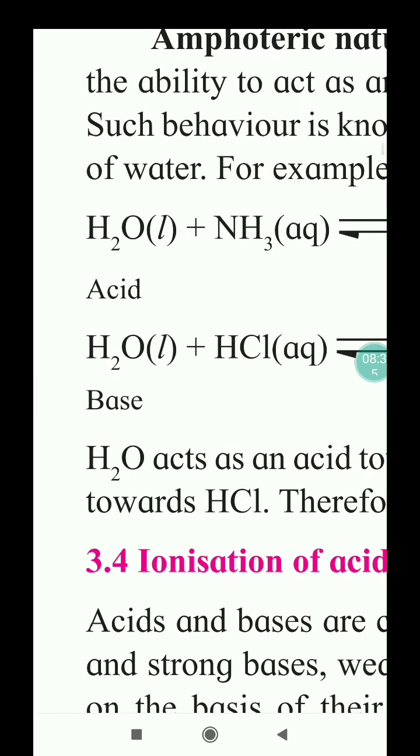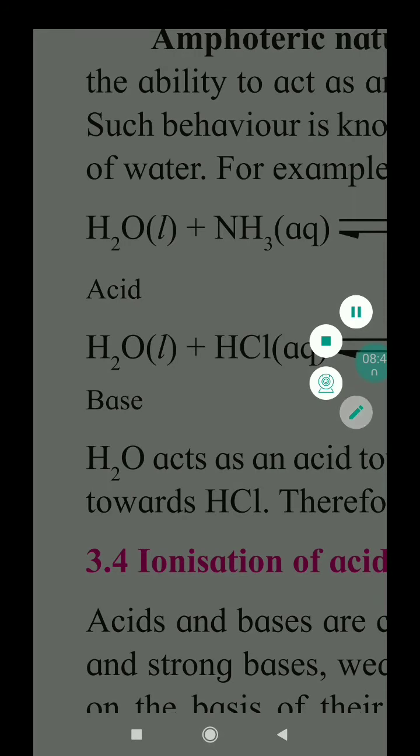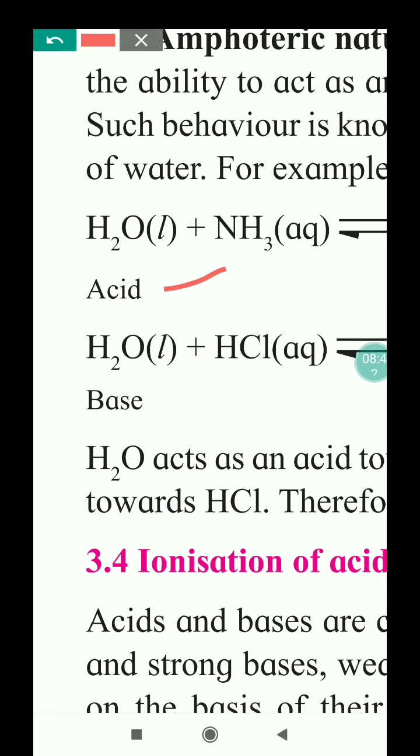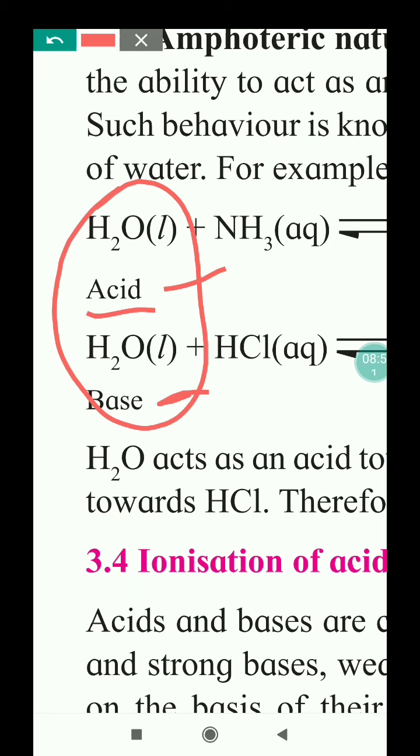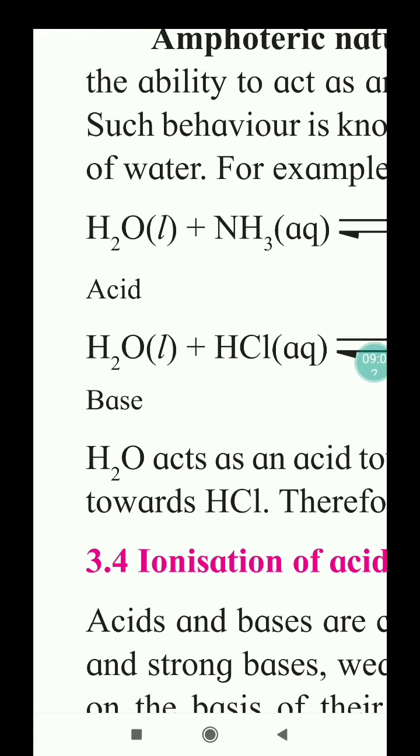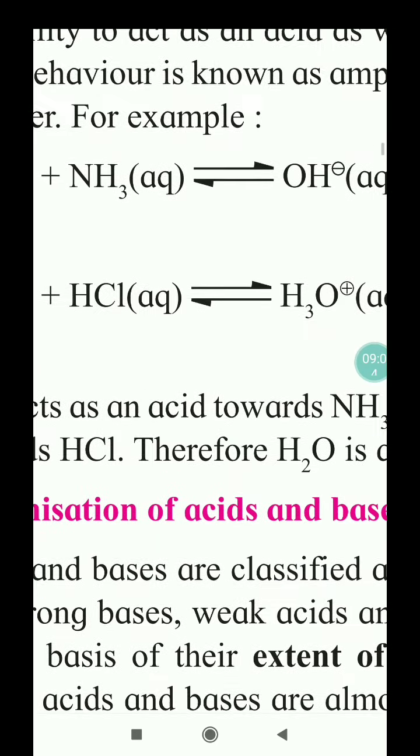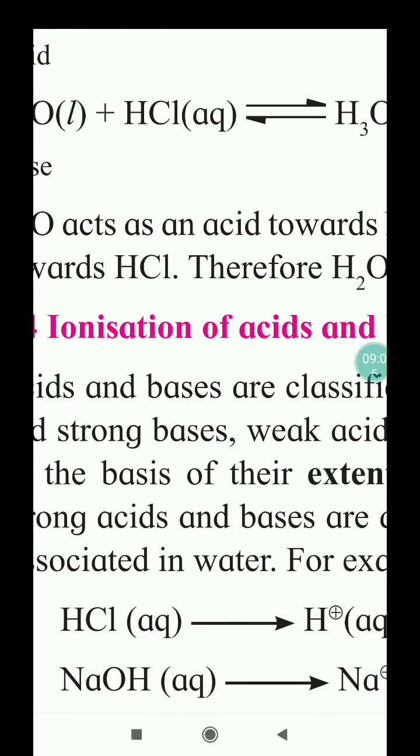This means in the first example H2O acts as an acid, and in the second example H2O acts as a base. So the same water molecule acts as an acid in the presence of a base and as a base in the presence of an acid, and therefore this nature of water is called the amphoteric nature of water, and water is called an amphoteric substance.